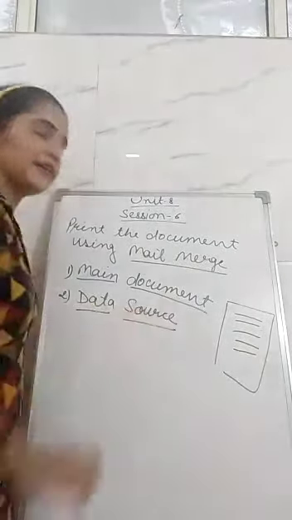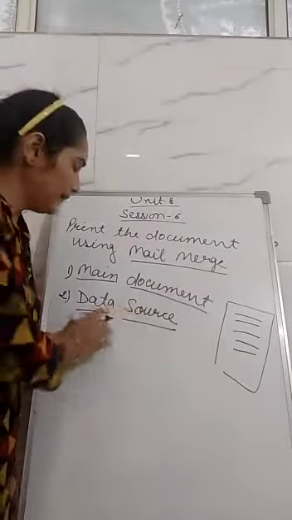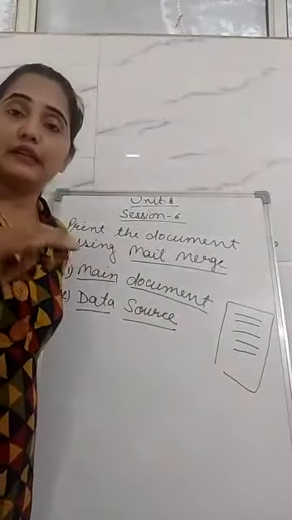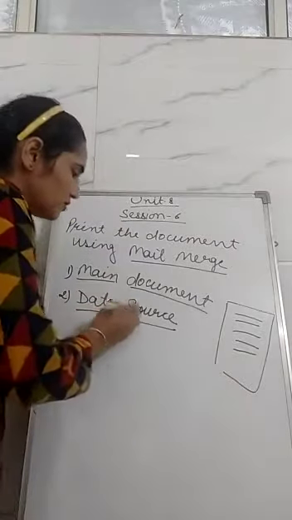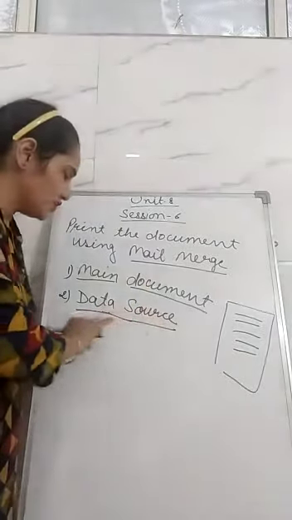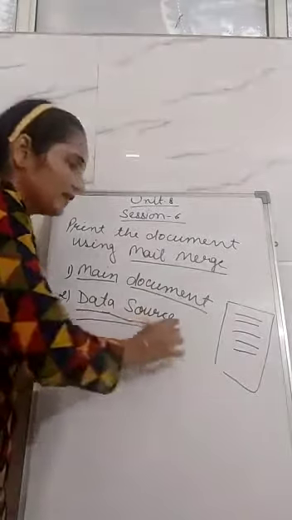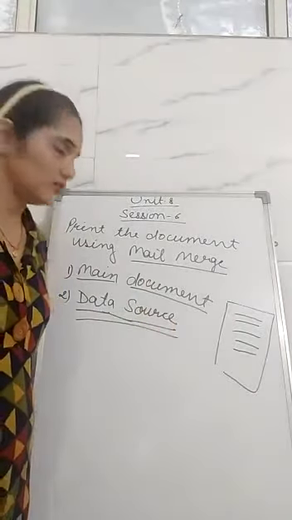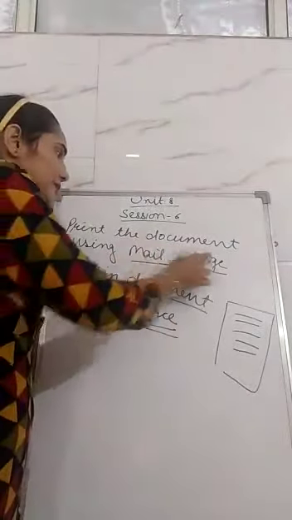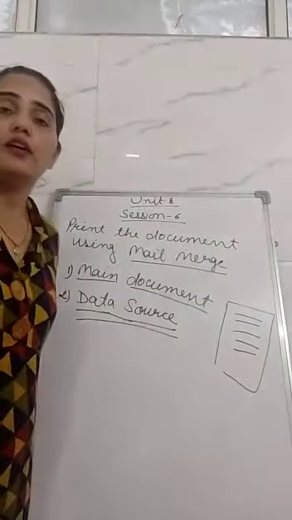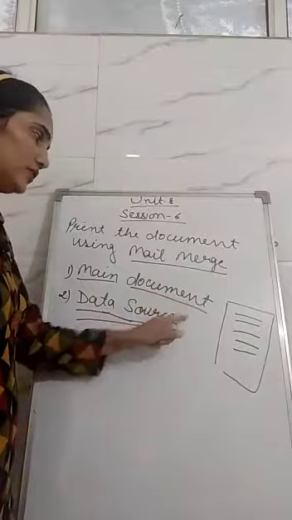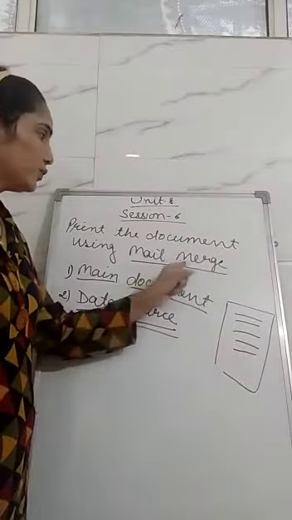Now come to the data source. Data source means it contains the recipient name, address, phone number, means the data that will change. Clear? And mail merge means combine the main document with the data source. Clear? There are two things that we require during mail merge.